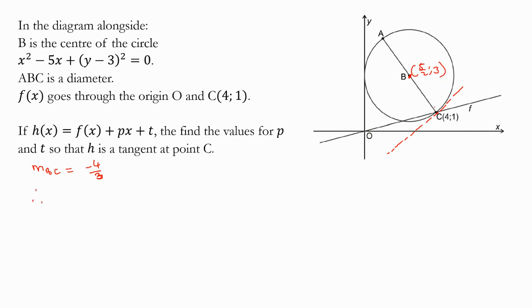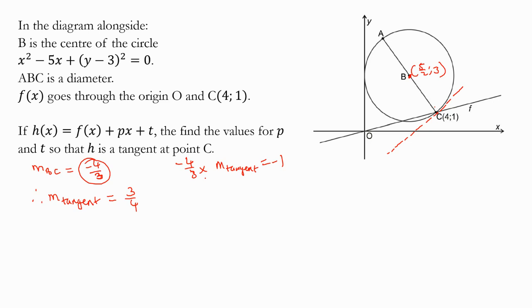So the gradient of the tangent is equal to 3 over 4, which is the negative reciprocal of this. If you want, you can say 4 over 3 times the gradient of the tangent gives us negative 1, and you will get your 3 over 4 if you solve for the gradient of the tangent.